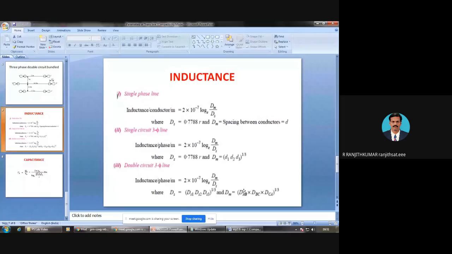Similarly for a double circuit bundled conductor, your Dm is replaced with DS1, S2, S3, and DS1, S2, S3 you can calculate using the formulas. Take down this formula which we are going to use in the circuit.